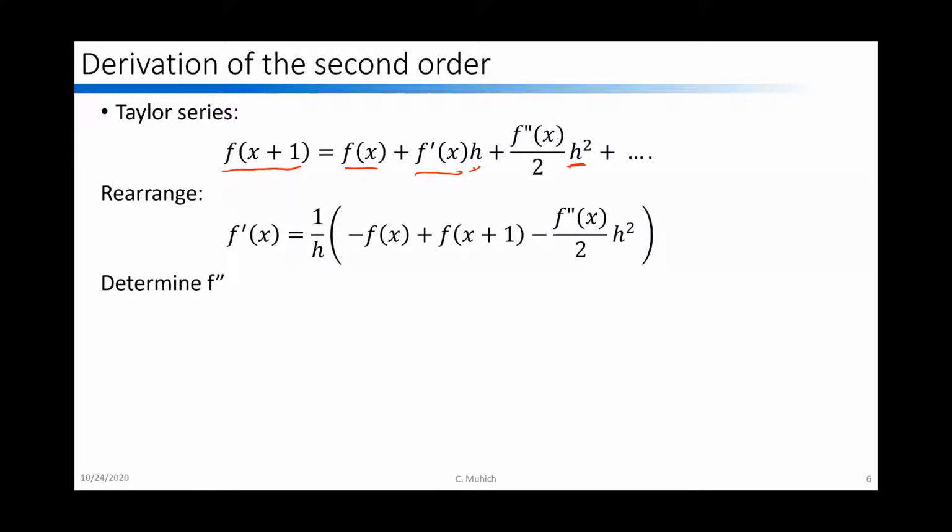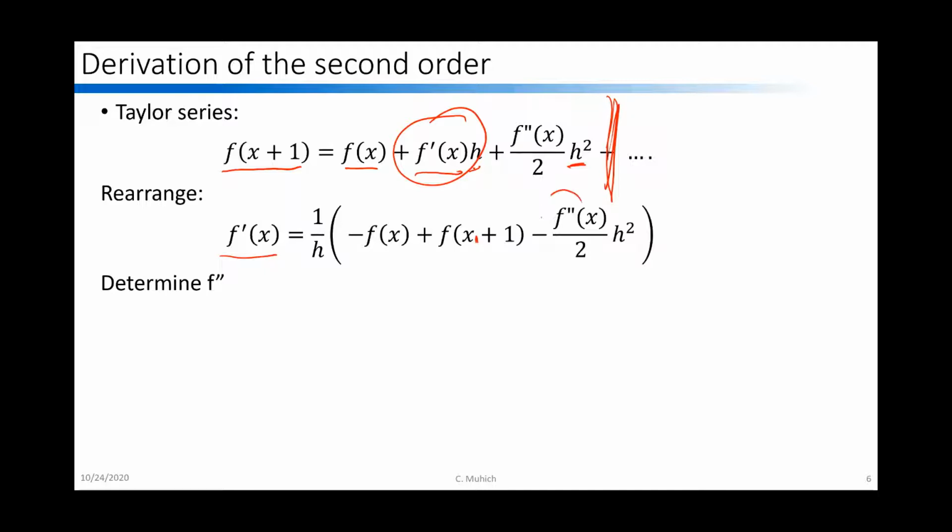What we're going to do is rearrange that in order to isolate the derivative of interest, in this case, the first derivative. So I can truncate my Taylor series here and rearrange the function to get f prime alone. If I do this, I have f prime, so my first derivative is equal to 1 over h times minus f of x plus f of x plus 1, so the next step, minus my second derivative of x over 2.